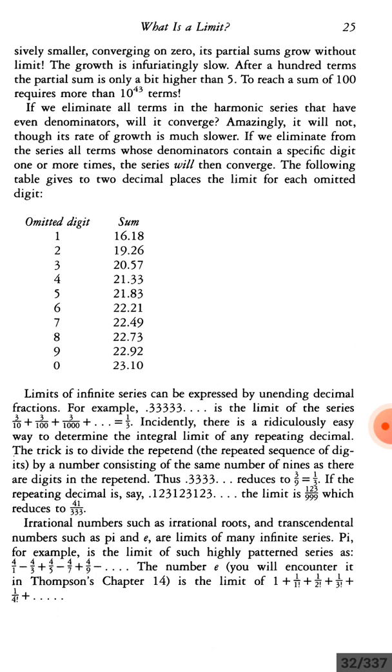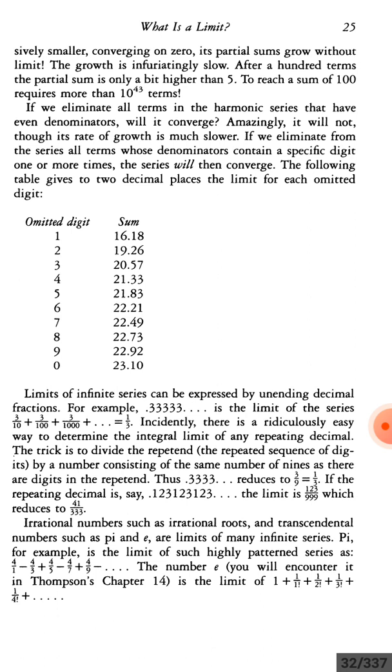The trick is to divide the repeated sequence of digits by a number consisting of the same number of 9s as there are digits in the repeated sequence. Thus 0.333 and so on reduces to 3/9, or 1/3.